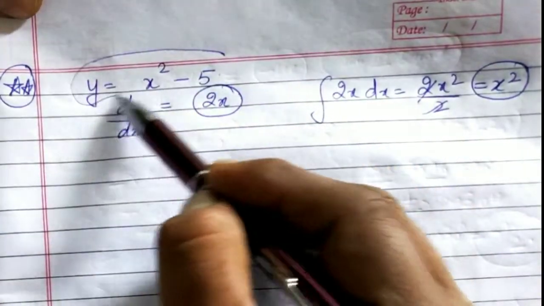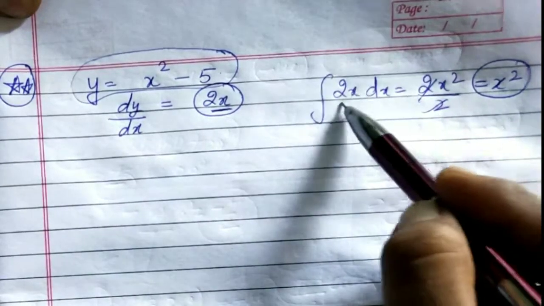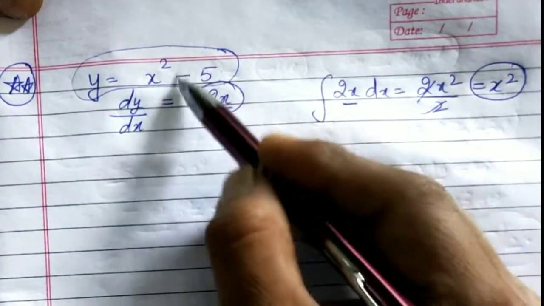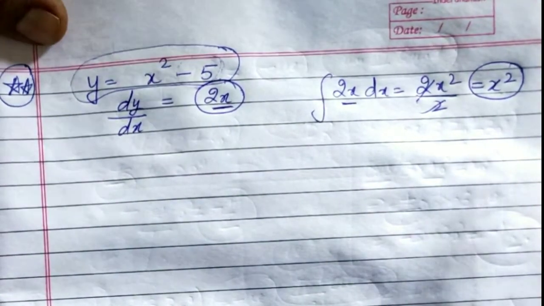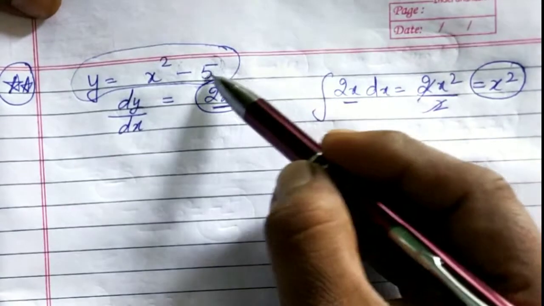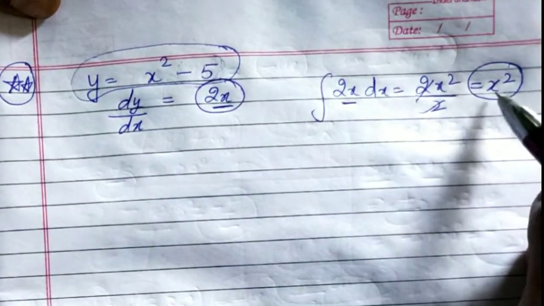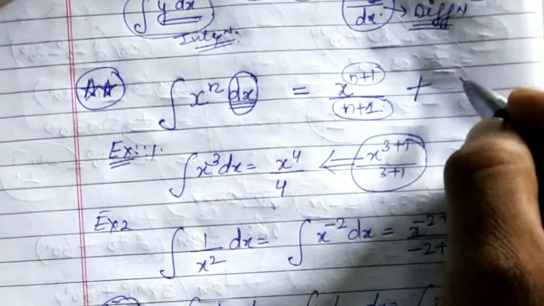I differentiated this function and got 2x, then I integrated it and got x square. What about this 5? I did not get this 5 in my answer. So here is the loophole: the differentiation of a constant is 0, so we are not able to retrieve it.